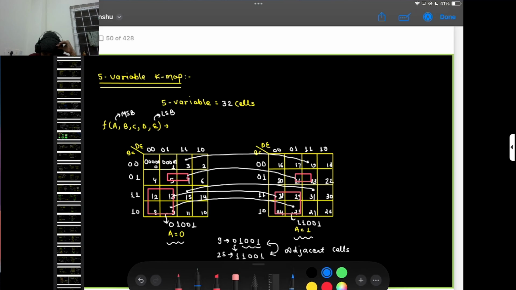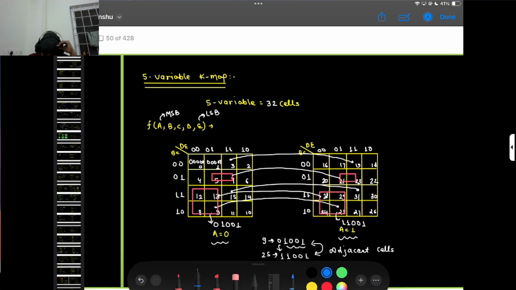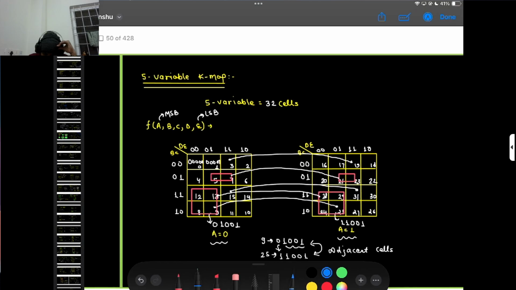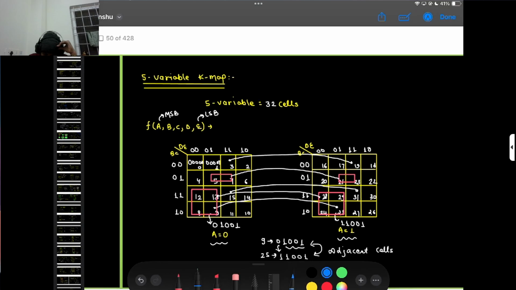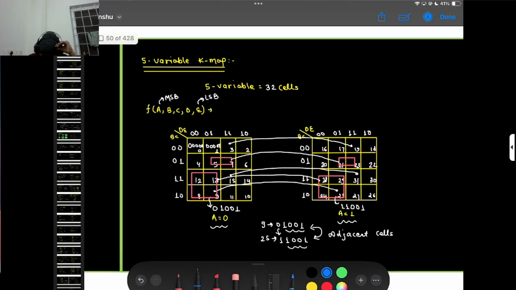So five variable KMap: A B C D E. How to do a five variable KMap? Basically B C D, with A equal to 0 here and A equal to 1 here.